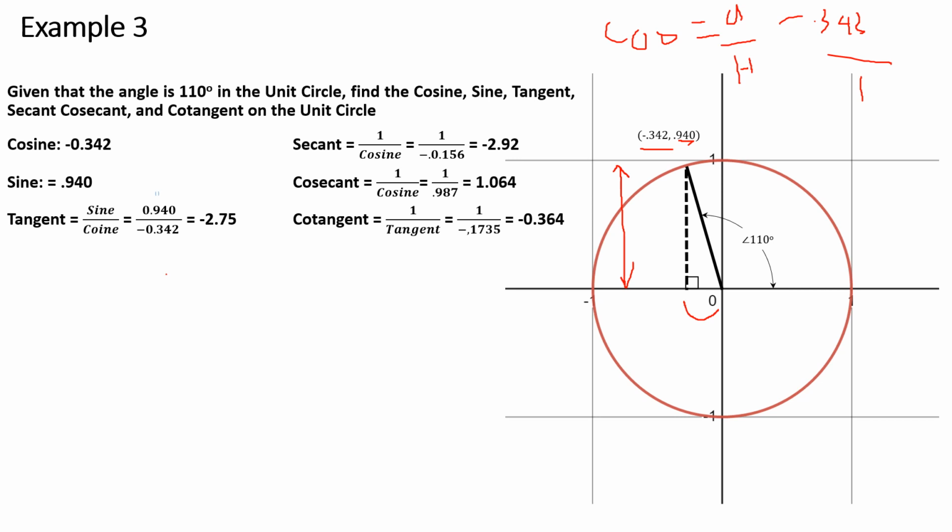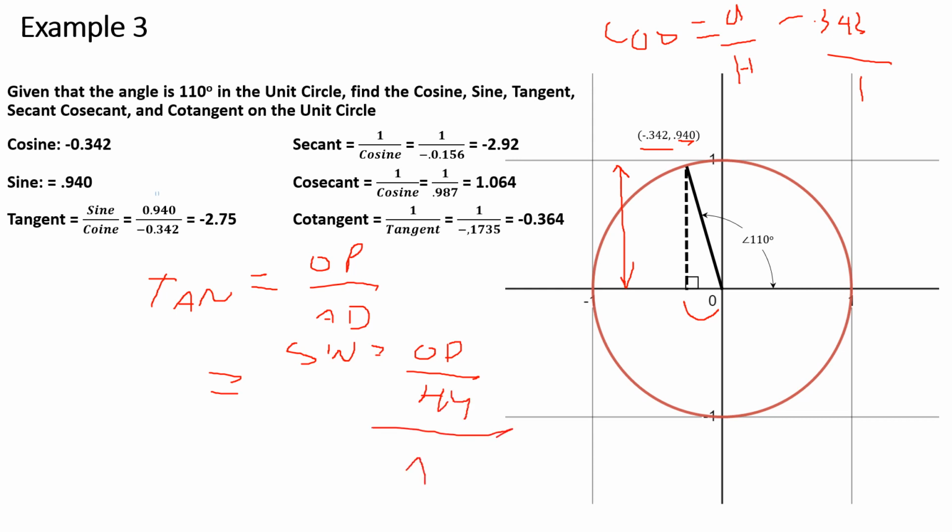If I know tangent equals opposite over adjacent, I could rewrite that as sine, which equals opposite over hypotenuse, all over the adjacent over hypotenuse.